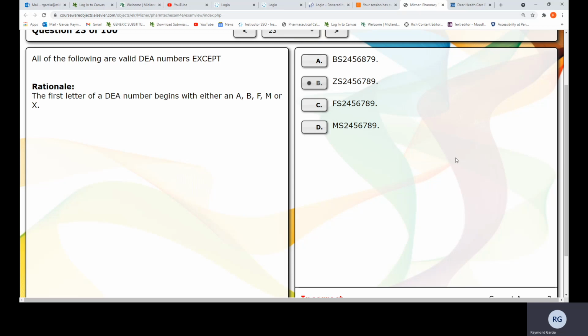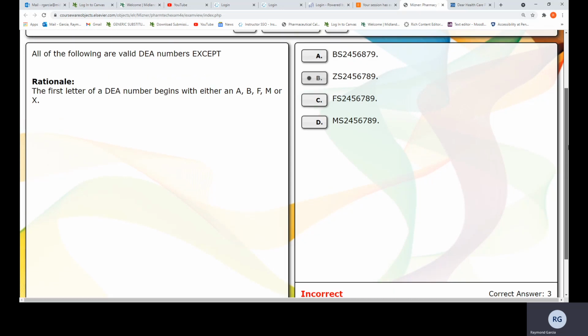Actually, it's A. Wait. The first letter of the DEA number begins with either A, B, F, M, or X. All of the following are valid DEA numbers except which one? So we got F. Yeah.